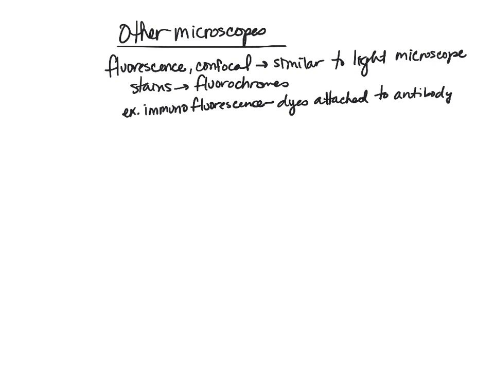So we can stain specific proteins, or we can stain DNA. And the example that your text gives is FISH. So we can stain DNA with a fluorochrome. So it's basically we take a fluorochrome and we tag the DNA.